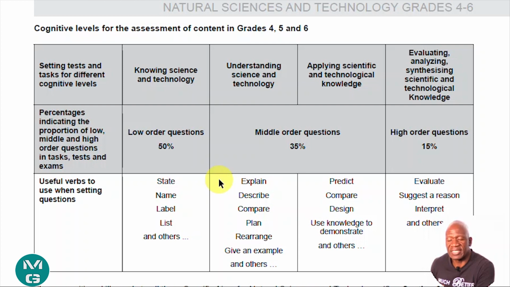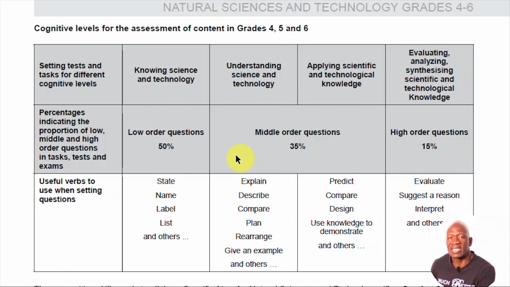It is expected, according to policy, that whenever a teacher develops a formal task, he or she must at least consult this particular page, wherein you're going to find information about how the cognitive levels should be spread out in your paper. For an example, as you can see, it is indicated here that the first cognitive level is the one that speaks to knowing science and technology. Okay, the knowing of science and technology, that particular knowledge.